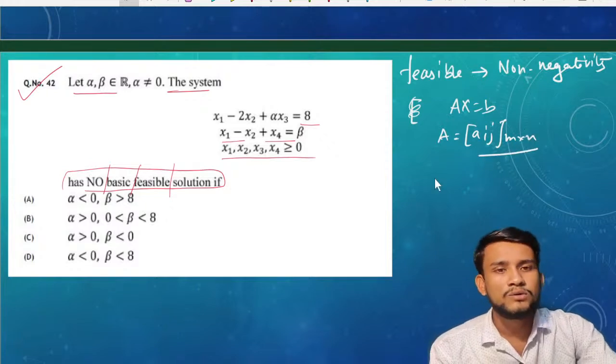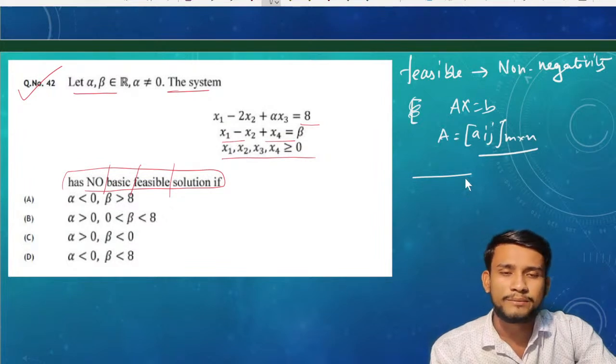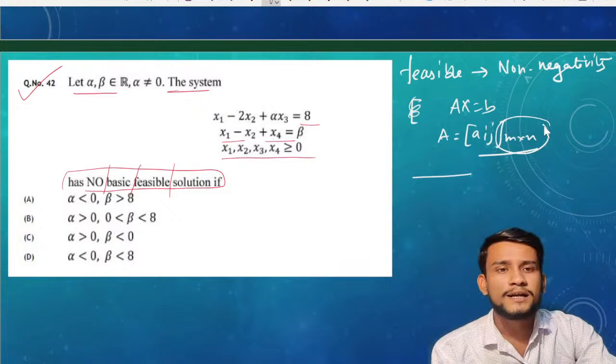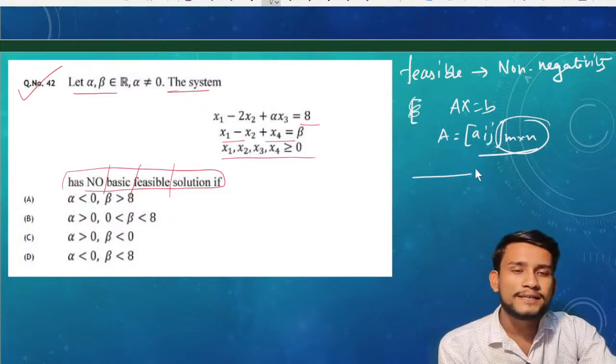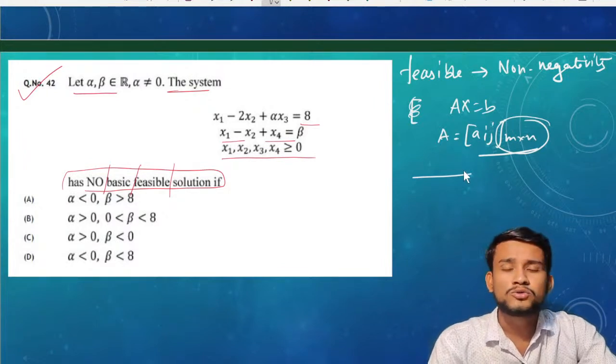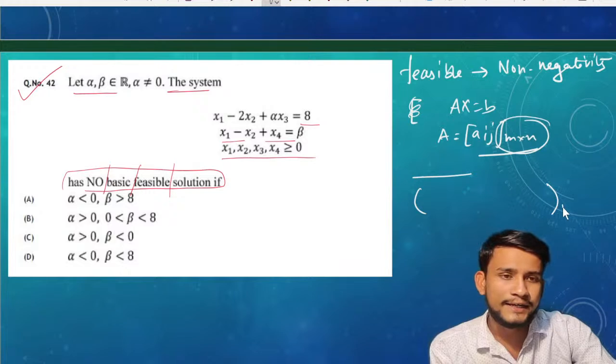Here the number of variables and the number of equations may be different, so in that case we get an overdetermined system. To solve the overdetermined system, suppose there are n variables.